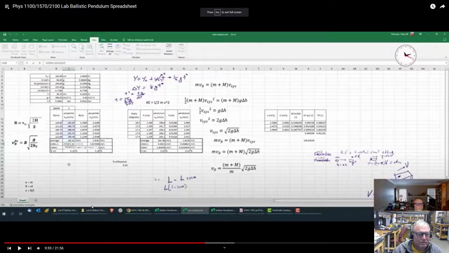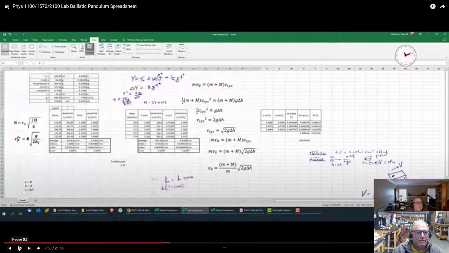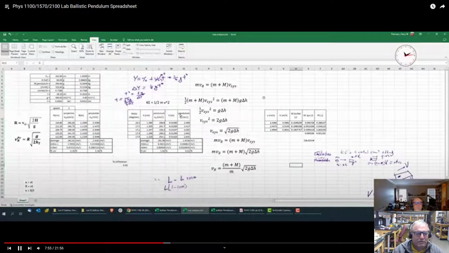And you'd see here that we set up, I'm surprised it's so blurry, but you've taken some measurements, and you can take a look at this spreadsheet video of how to set it up.